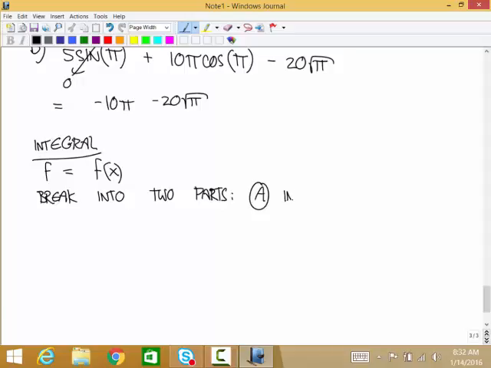First is the indefinite integral, and this is the one I'm going to spend most of the time on. So this is going to be long. And then the second one's going to be short because we're going to use everything from the indefinite integral to define the definite integral.